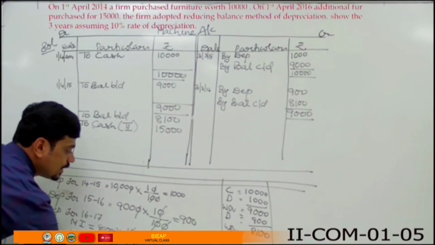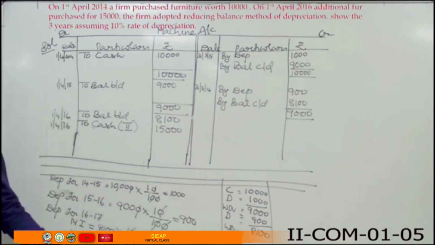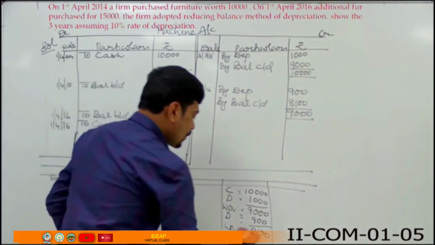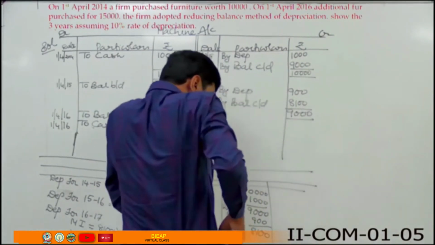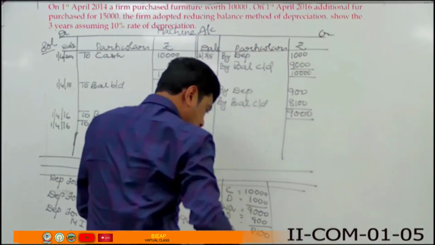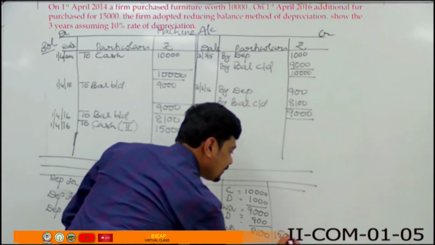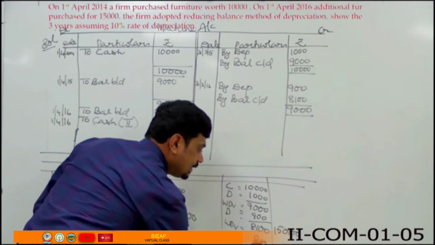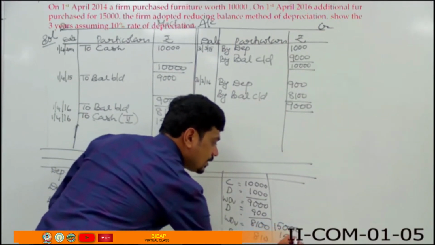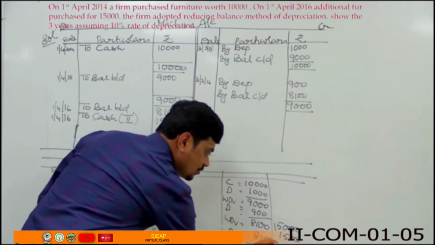It comes to 1,500. 1,500 is the depreciation. So now here I'll post depreciation of 2 machines. First I'll write here 15,000. Now depreciation, how much? 810. Here 1,500. Be careful with the calculation.